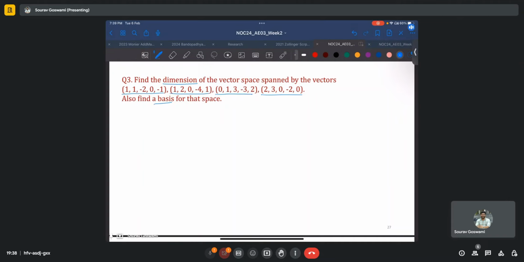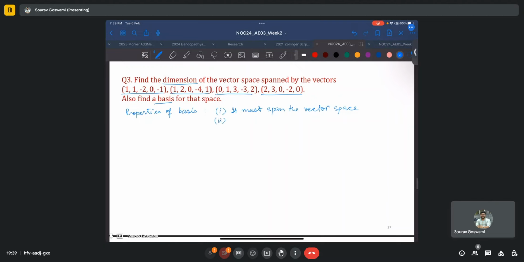So just to recollect the properties of a basis, that first, it must span the vector space. So any vector of the vector space should be expressible as a linear combination of elements of the basis vectors.